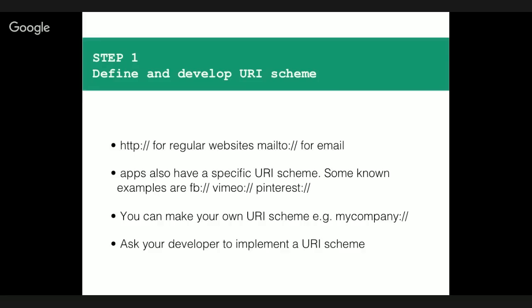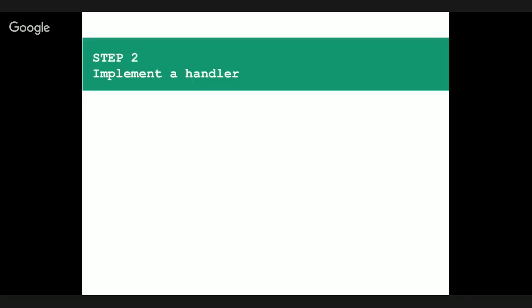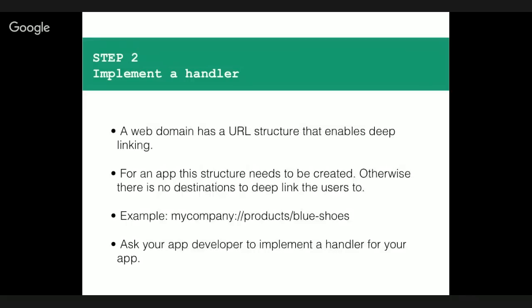The next step is that we implement the handler. The handler is the URL structure of the destination for a specific app content. For an app, you have to implement this structure because otherwise you won't have anywhere to direct your customers to.